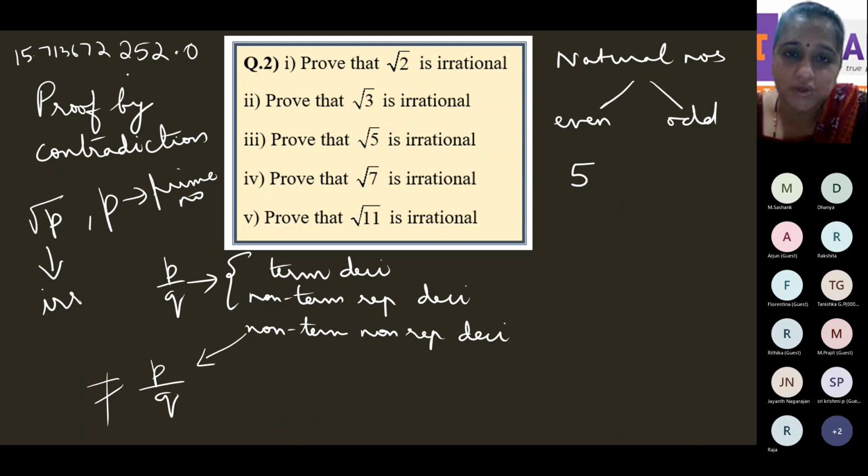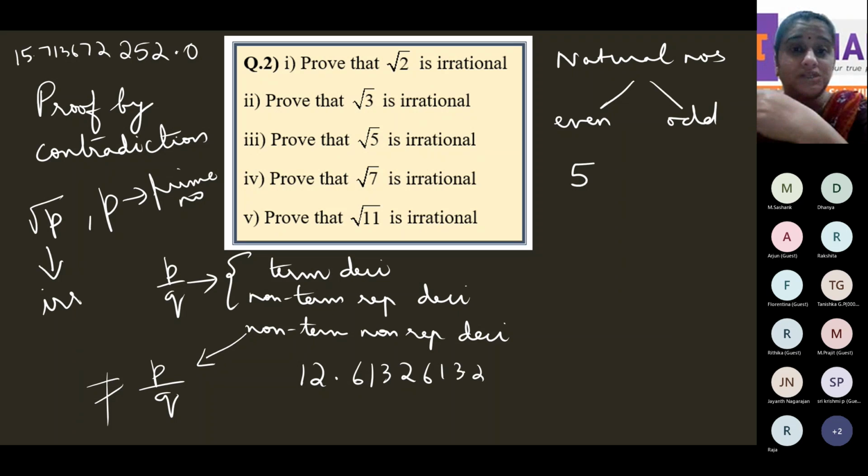In that case, when you look at the quotient, an equal number of digits after the decimal point will keep repeating. So supposing you have 4 different remainders, then you'll have 4 different digits after the decimal point. Say the quotient is 12.6132, I'm just giving an example. Again 6132 in the quotient, not the same digits as the remainders, something else.